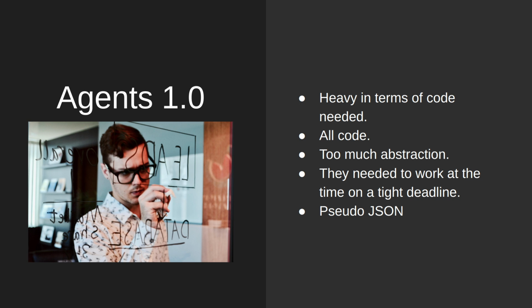The problem is that because there was a lot of abstraction for the agents, whoever was working on it would need to spend a lot of time understanding the AI agents abstraction layer, and they probably didn't have this time because they were working on the core products, right? Or they were working on their own contributed modules, which meant that we did not get as many people to actually contribute modules as we would like.